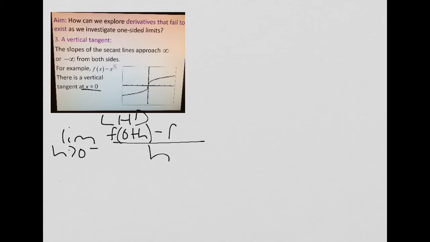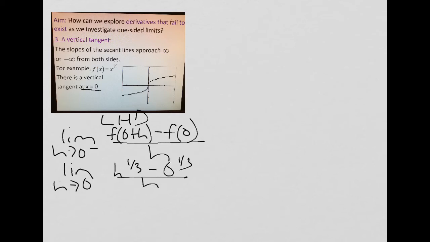Okay, so left-hand derivative. We take the limit as h approaches 0 from the left, and again our vertical tangent's at 0. So if we plug this in, when we simplify, we end up getting h to the 1/3 power over h.